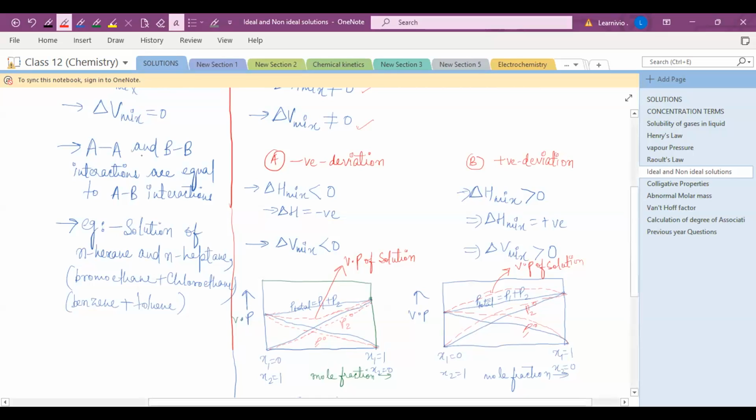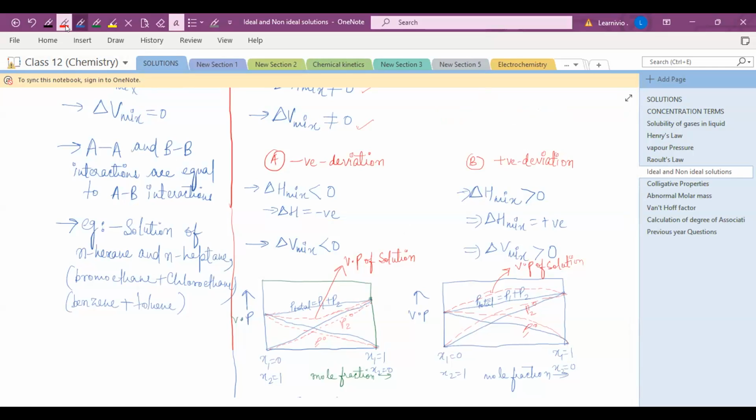So the AA and BB interactions are equal to the AB interaction. When they form the mixture, the interaction between molecules of A and B will always equal the AA interaction and BB interaction, in the case of ideal solution.